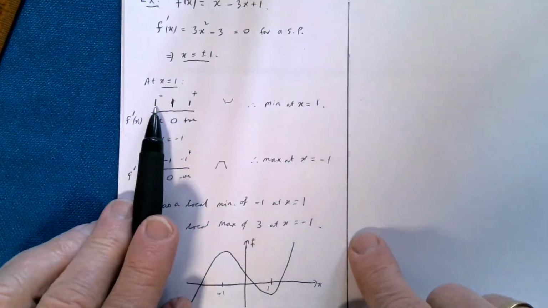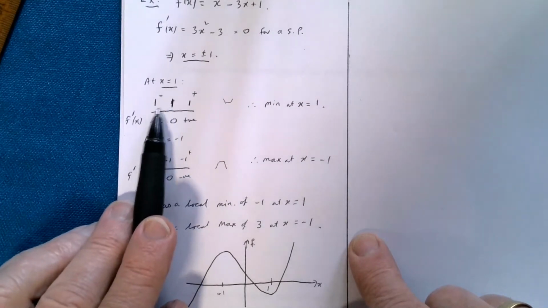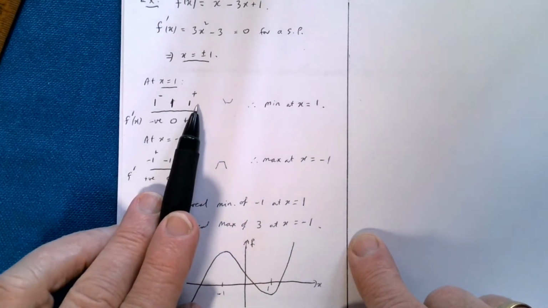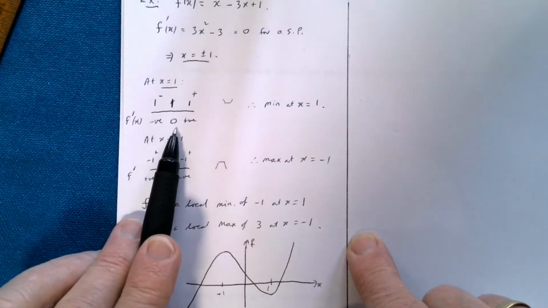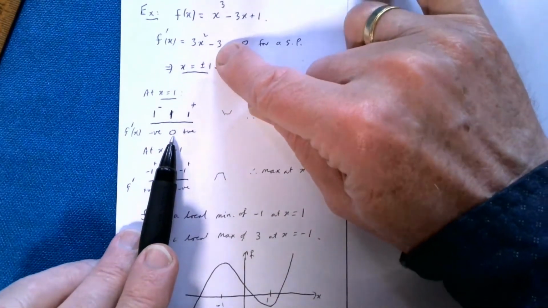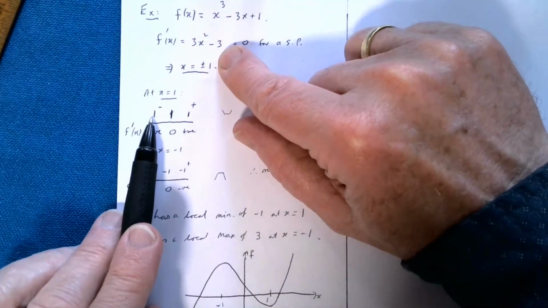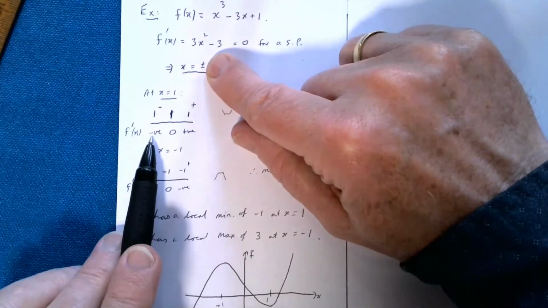So this means I'm looking at the gradient when x is a little bit less than 1, and when x is a little bit more than 1. At 1, we know the gradient is 0. So we go back to the gradient up here. If I put a number a little bit less than 1, try 0 for example, then you'll get a negative number.